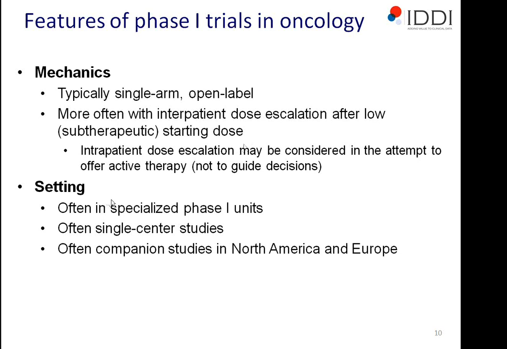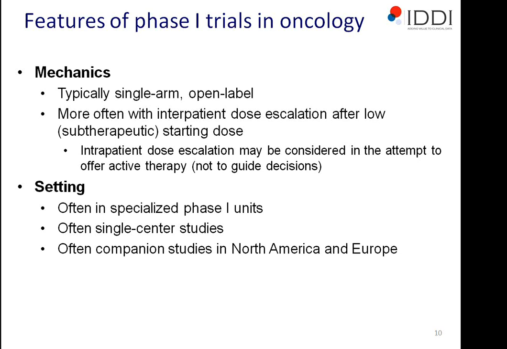The ideal setting for a phase 1 study would be a specialized unit, but this doesn't need to be the case in all studies. So phase 1 trials may be conducted in the common oncology settings as long as people are dedicated to this.